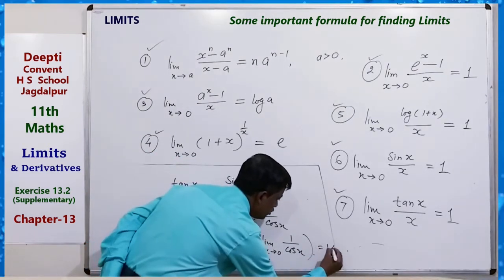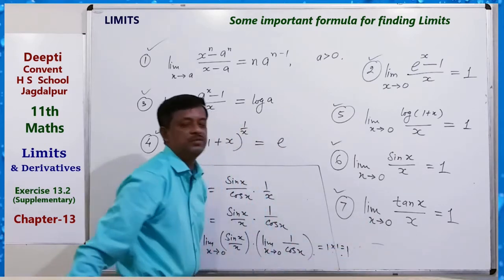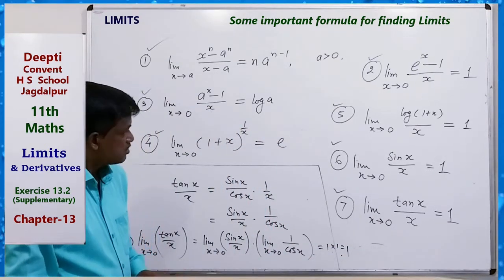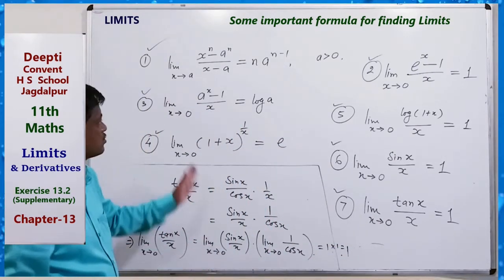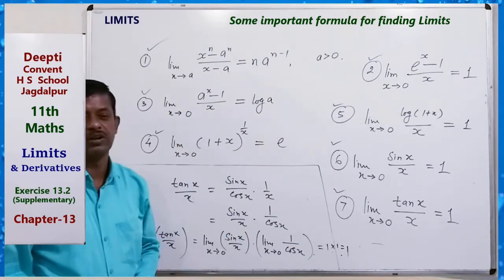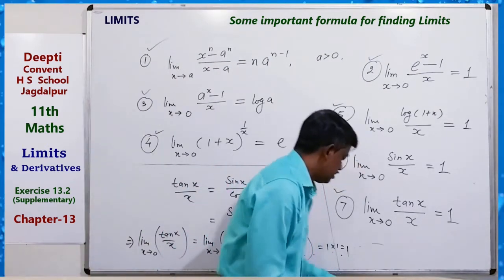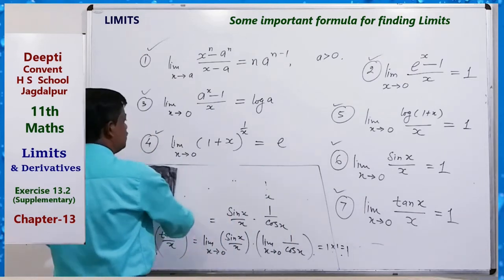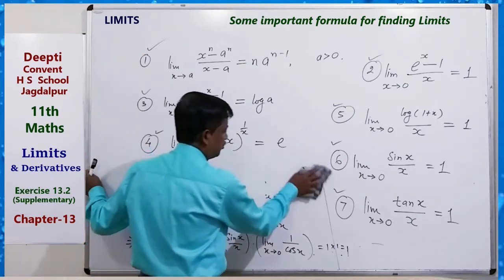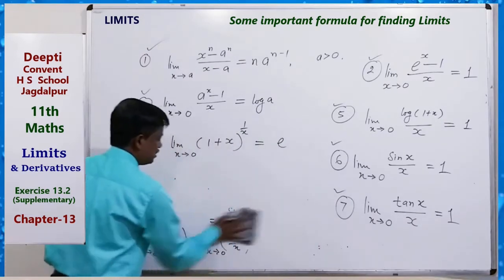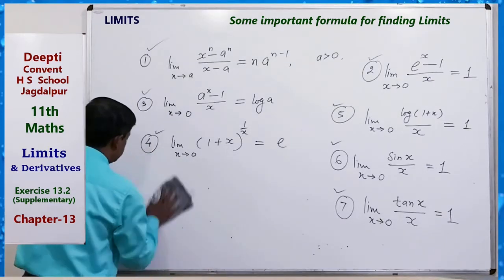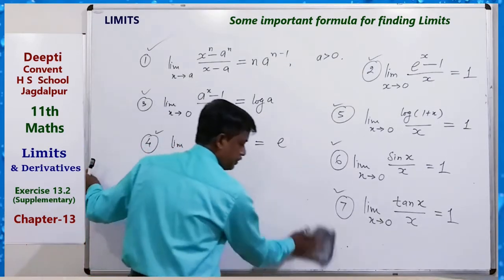So 1 into 1 equals 1. So this is the limit. By using series and also this formula, you can find different types of limits given in your book. Remember, these are the formulas for finding limits.